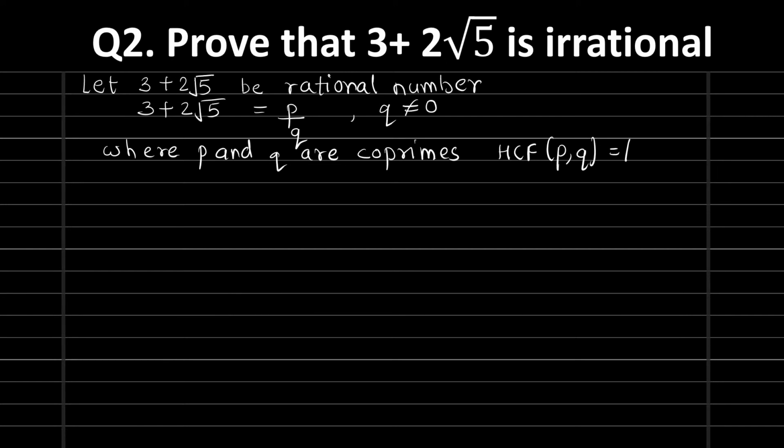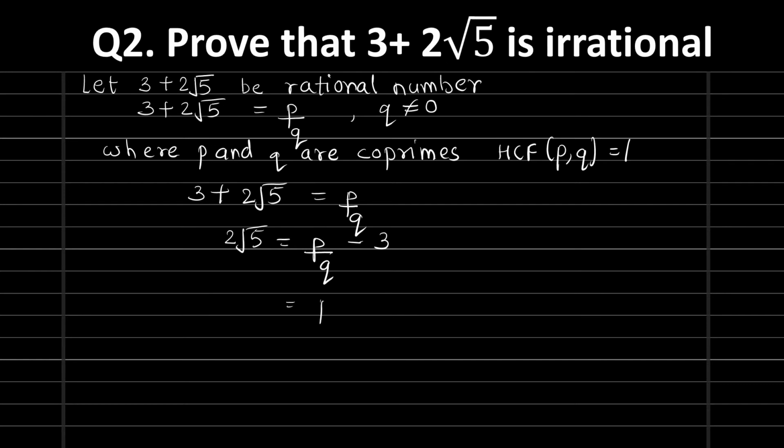Now, with this, what are we going to start with? We'll write down first of all 3 plus 2 root 5 is equal to p by q. Now, we have 3 on the left hand side. If we take it towards the right hand side, we will be remaining here with 2 root 5 equals p upon q. This plus 3 will become minus 3 over here. Take the LCM now.